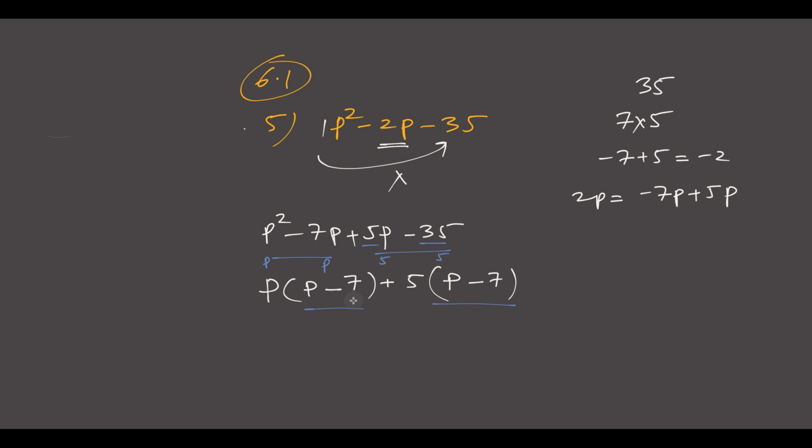First we write the common parenthesis p minus 7, then we take these two, p plus 5. So this is going to be your answer. I hope this was a very simple question. Now we'll move to the next question.